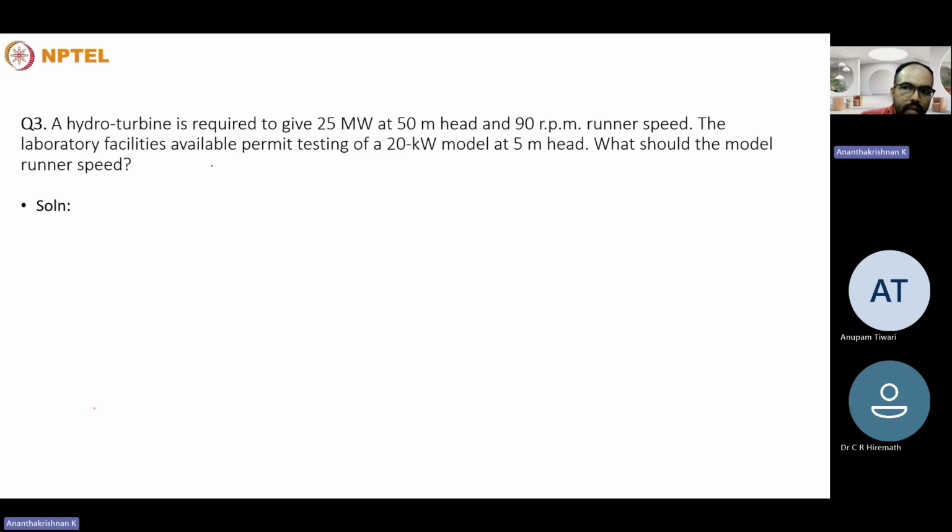We need to actually determine the model runner speed. The specific speed is the equivalent parameter. We can write the prototype specific speed: Ns of the prototype is equal to the RPM of the prototype, root of the power divided by the head raised to 5 by 4.